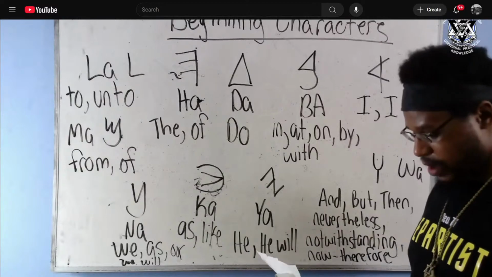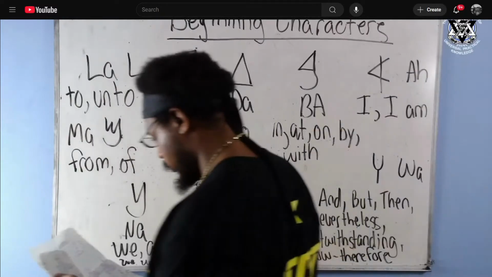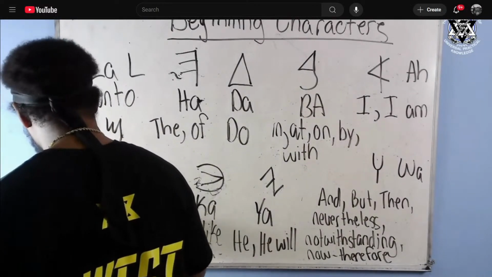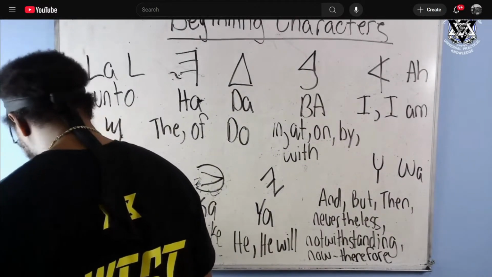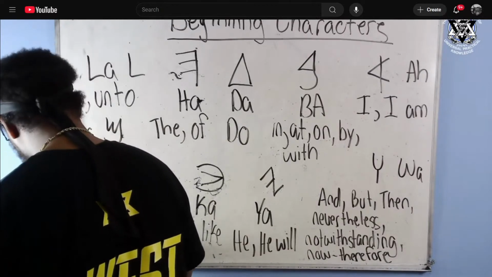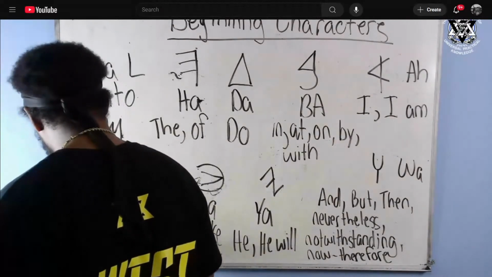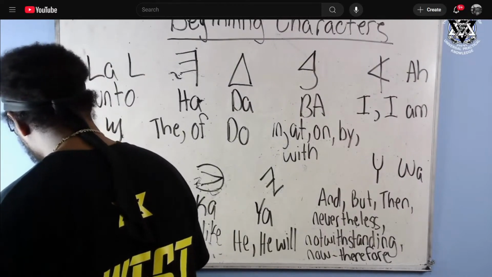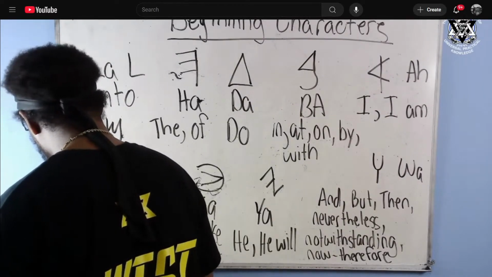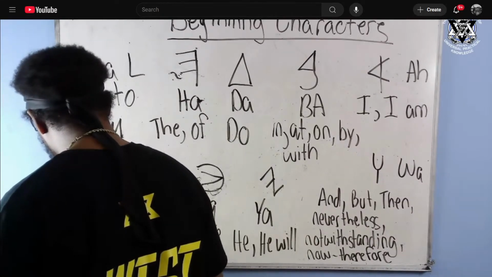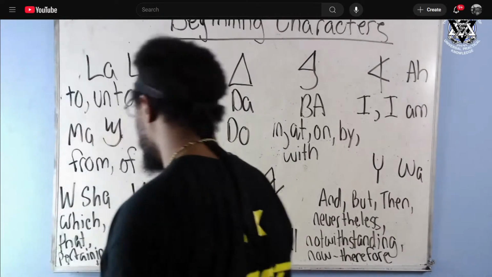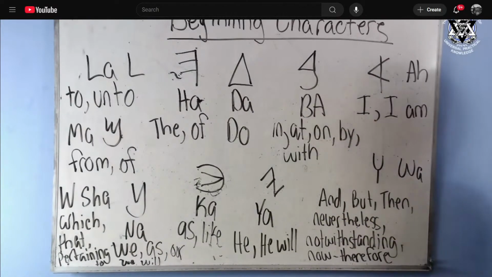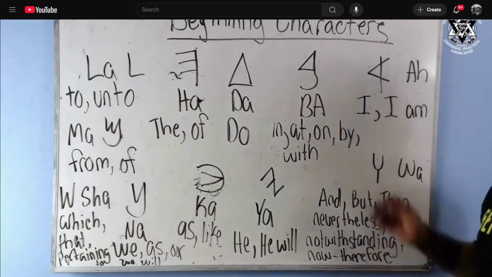The last character we have is Sha. Sha means which, that, pertaining to. So Sha means which, that, or pertaining to. So these are the beginning connectors.